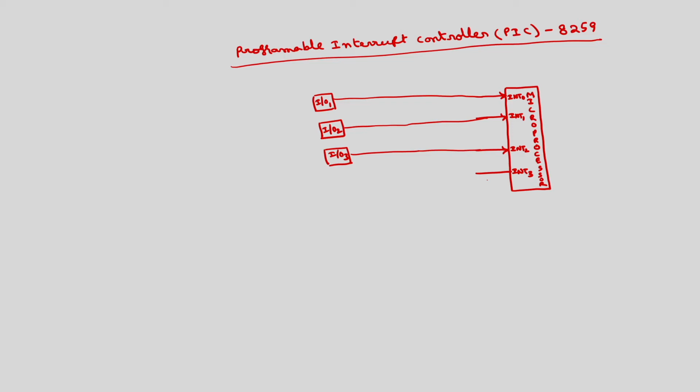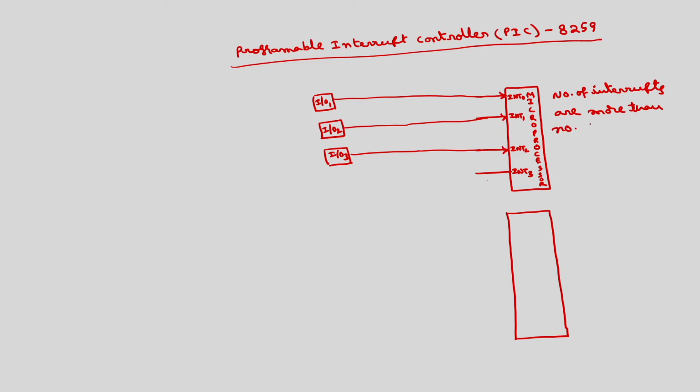The problem arises if you have the number of interrupts less than the number of IO devices. This was the case where the number of interrupts is more than the number of IO devices. Now the second case, where the number of IOs is more than the number of interrupts.